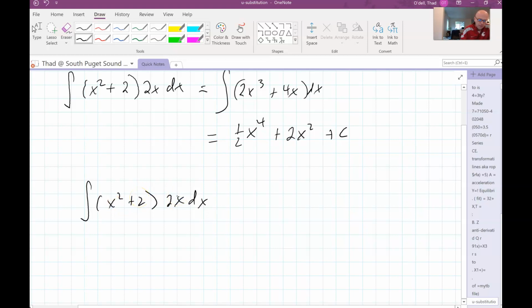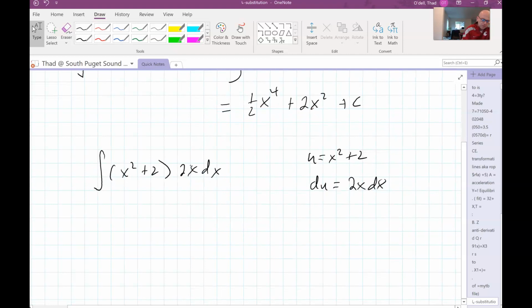So when we recognize that, we can call the original function u, so we let u equal x squared plus 2, and then we know that the derivative of u would be 2x dx. And so what we do is we do this little substitution, and that's why I call it u-substitution.